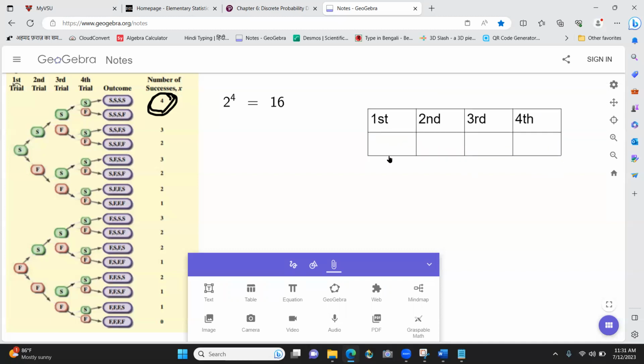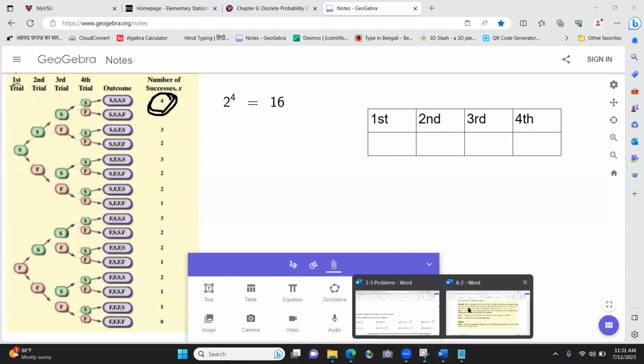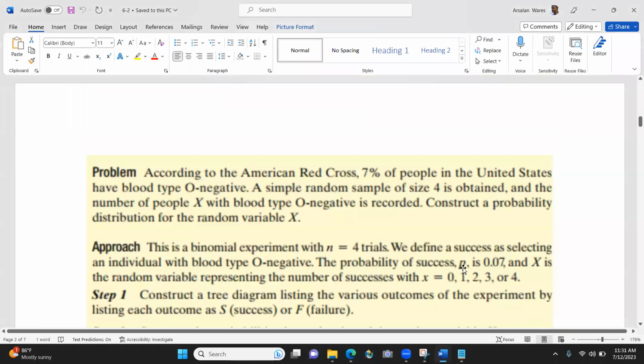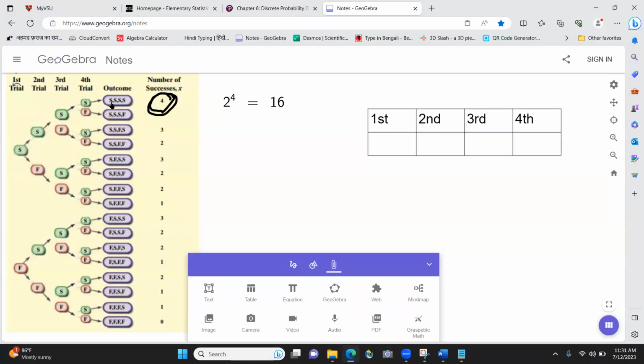Okay. So the first person, there's only 7% chance. Okay. 7%, according to your book, is 0.07. 0.07% chance that a person will be zero negative. So what's the probability? SSS, you got a bunch of successes, so it's going to be 0.07, and the second person is going to be 0.07. They're all independent.